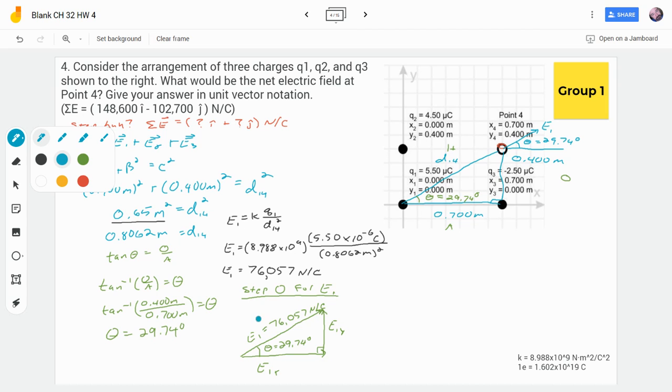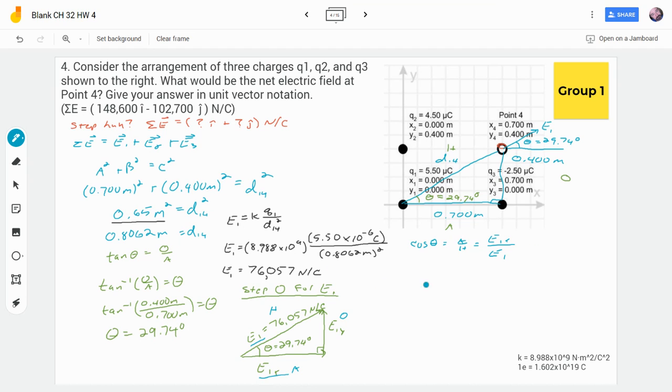If I'm looking at this triangle, this is H, this is A, this is O. So which trig function does A and H? That would be cosine. So cosine of theta is A over H, and A is E1x over E1. This number divided by this number.